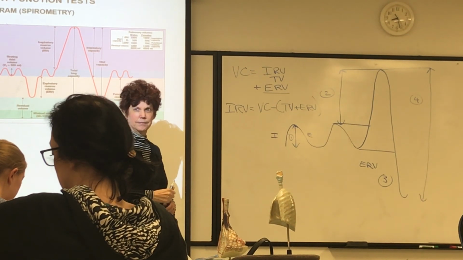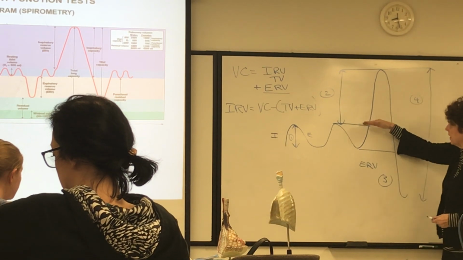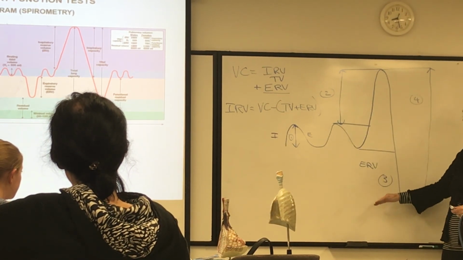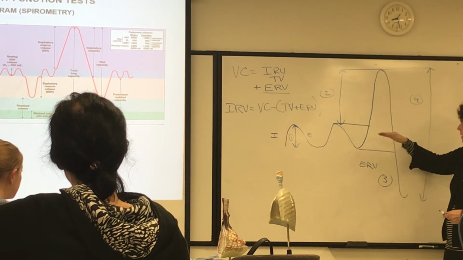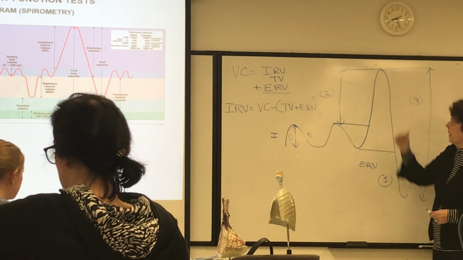Does that make sense? I can figure this out if I take out this and this, because I can figure those out by blowing out. So once I take that and that from here, then I'm left with inspiratory reserve.